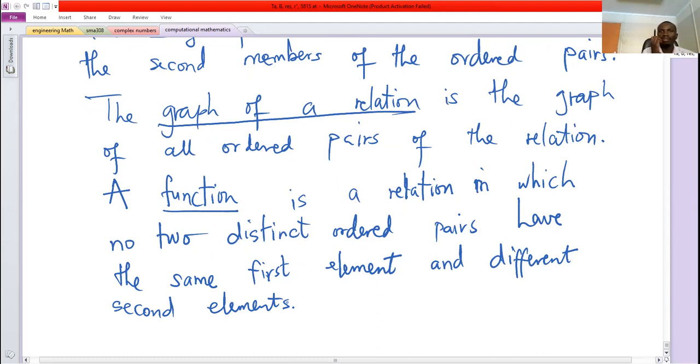So that's what we call a function, a relation in which no two distinct ordered pairs have the same first element and different second elements.